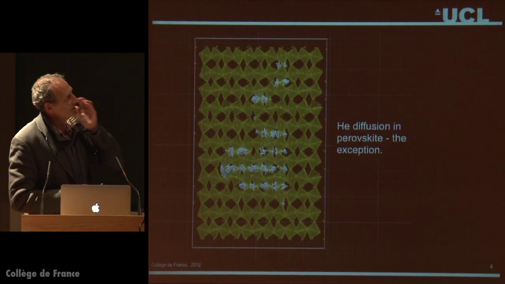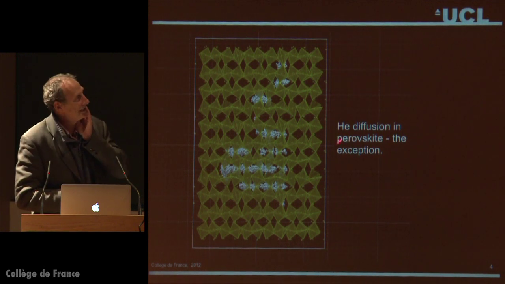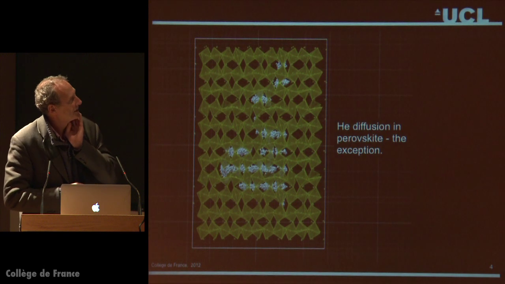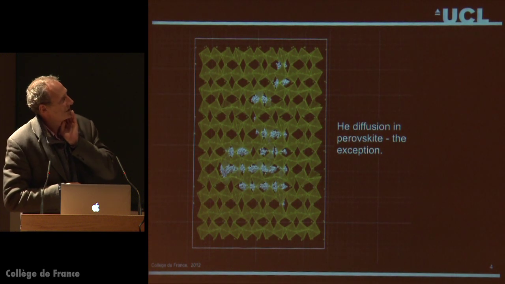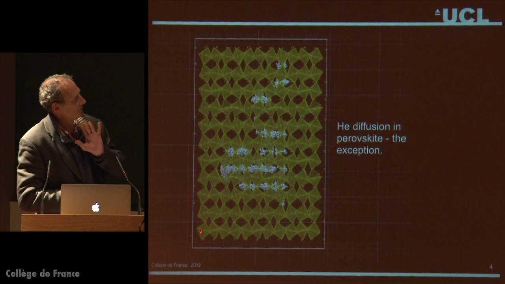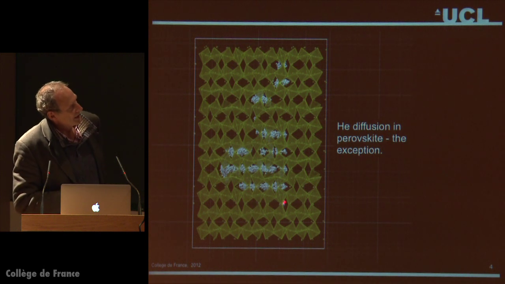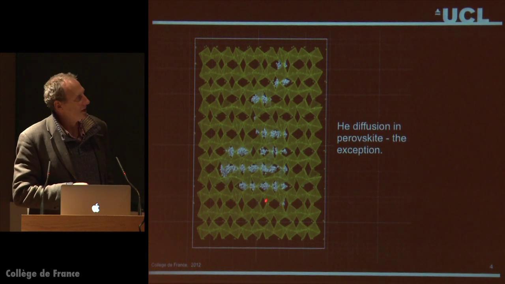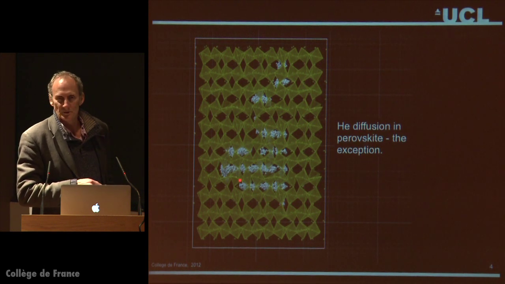The one exception that I know of is helium diffusion in perovskite, and this is some work that I'm doing at the moment and it's ongoing. This is a simulation cell of perovskite, and the little white balls here are the positions of a helium atom at every 10 time steps through the simulation.